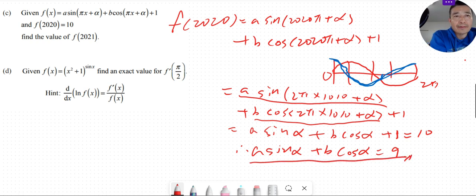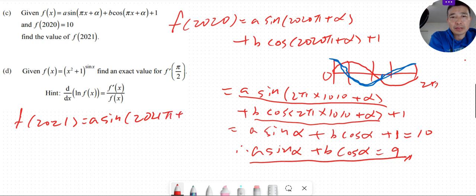Now, if I write f 2021, that means a sine 2021 pi plus alpha plus b cosine 2021 pi plus alpha plus 1, isn't it?